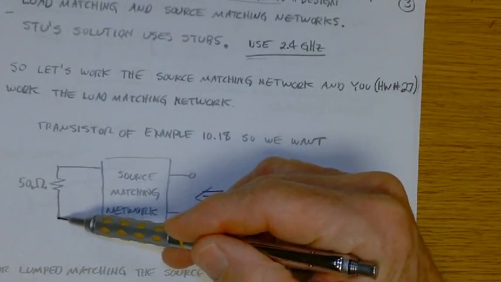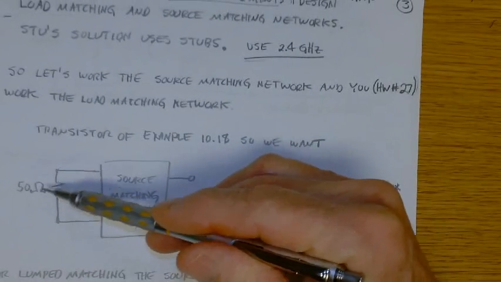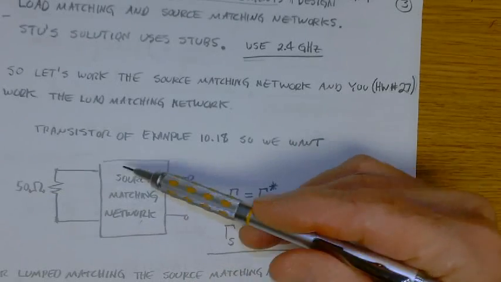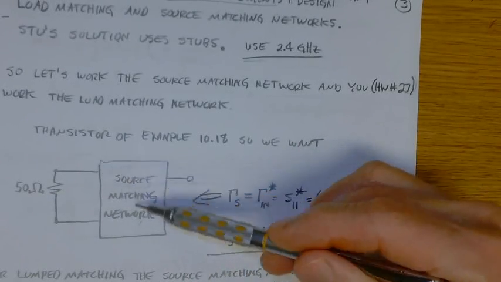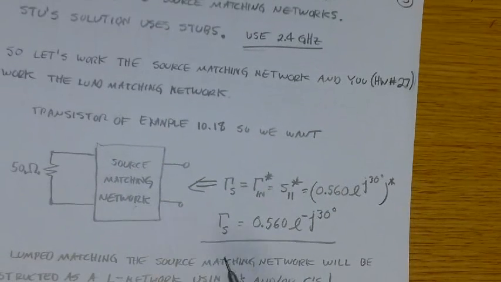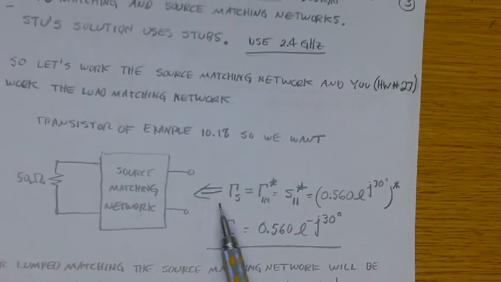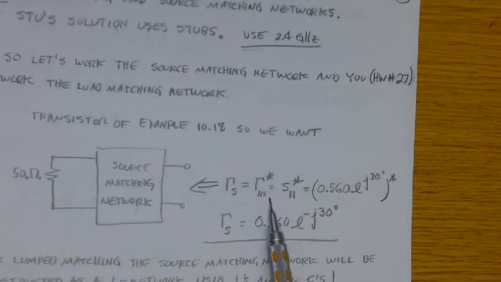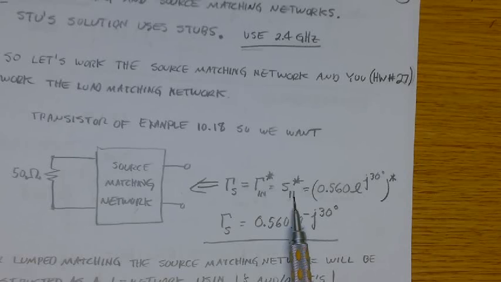It could be 70 ohm, 75 ohms, some other impedance, but we typically use 50 ohms. And so then I've got this source matching network. I'm going to put elements in this network, and I want to make sure that at the operating frequency, the reflection coefficient looking into this network is the conjugate of the reflection coefficient looking into the transistor.